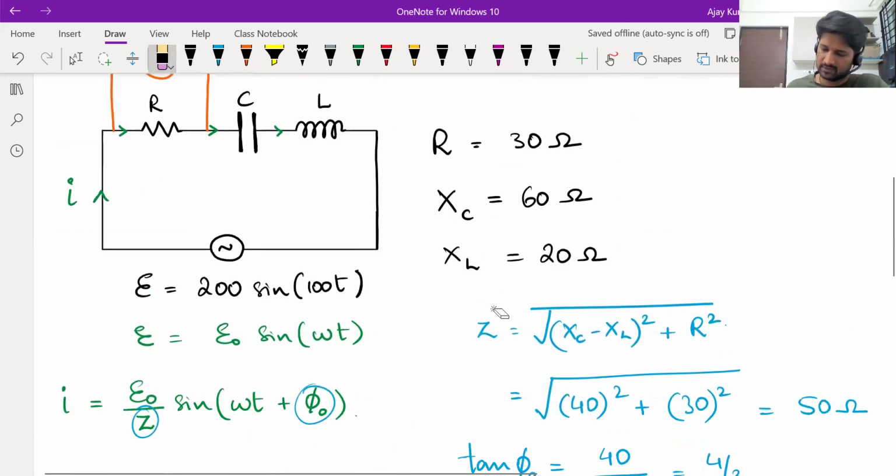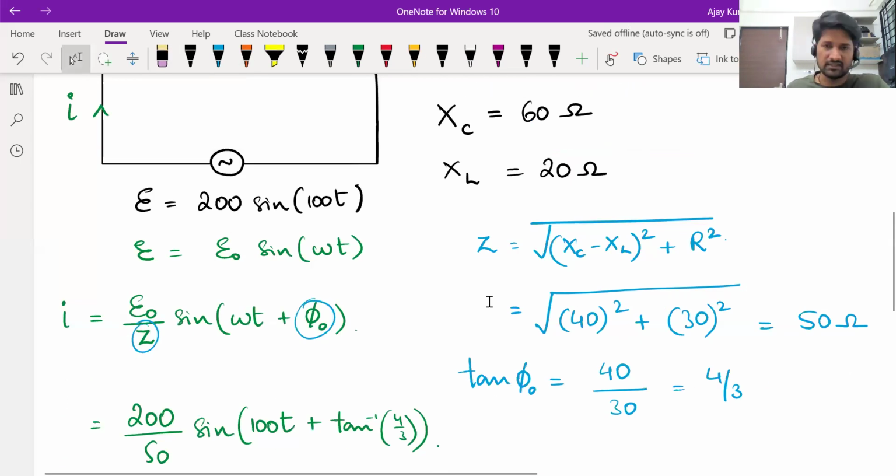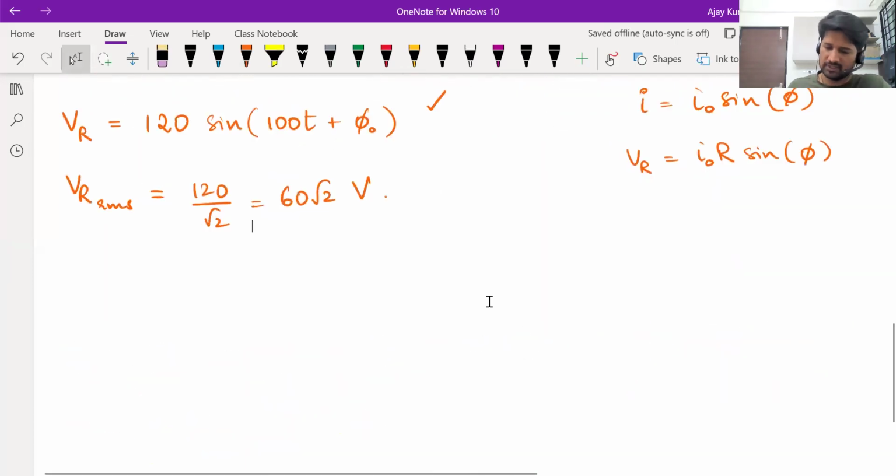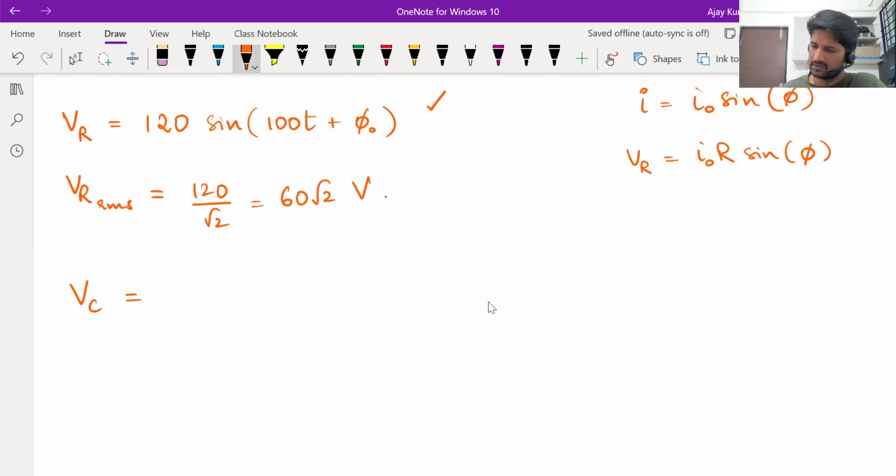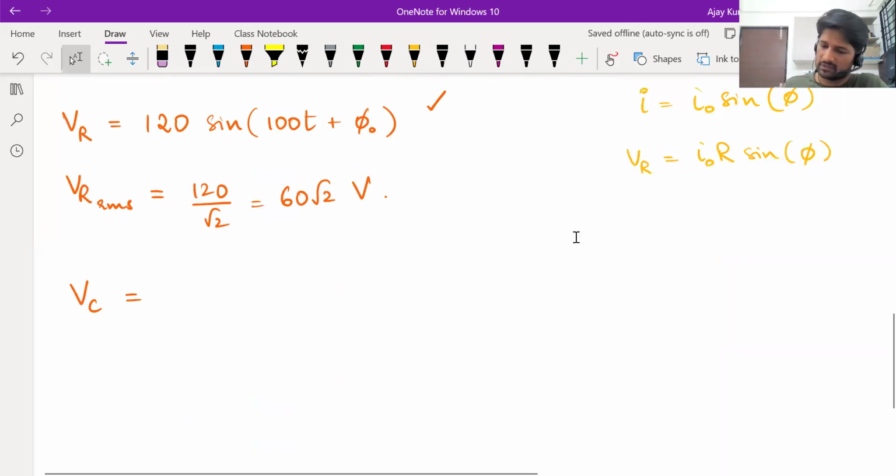Next, XC is given as 60 ohms. Remember that. Now tell me the equation for voltage across the capacitor. Generally, you look at the right hand side. If I is I naught sine phi, some variable current is there, how do we write voltage across the capacitor?